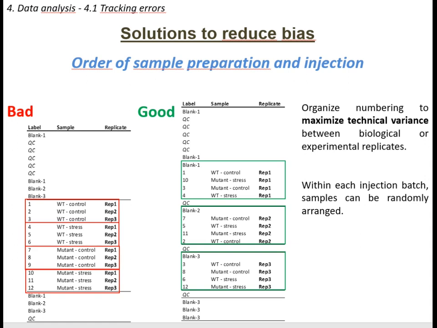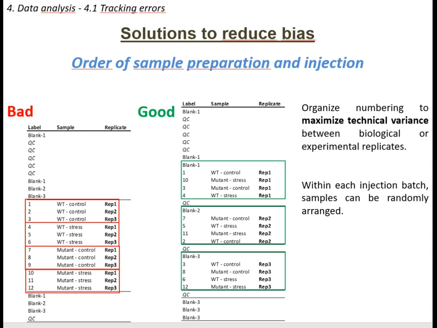But on top of this, you can add an unwanted variation that is due to the fact that the mutant stress were injected much later than the wild-type control. And so your machine has changed, the source has been dirty, and so you will have false positives. You will conclude a difference, or you will have false negatives, because it depends on the orientation of the variation.